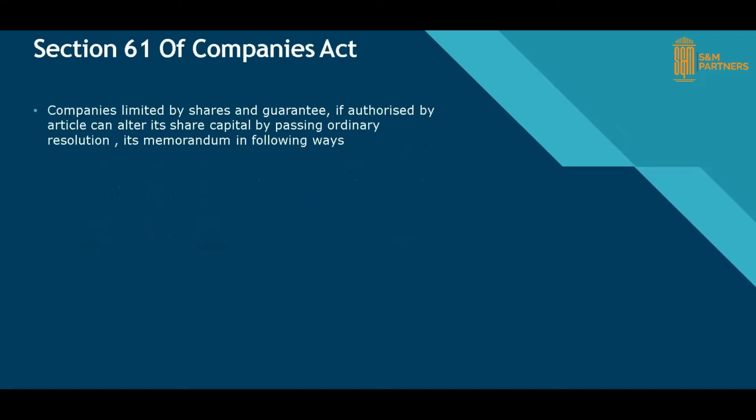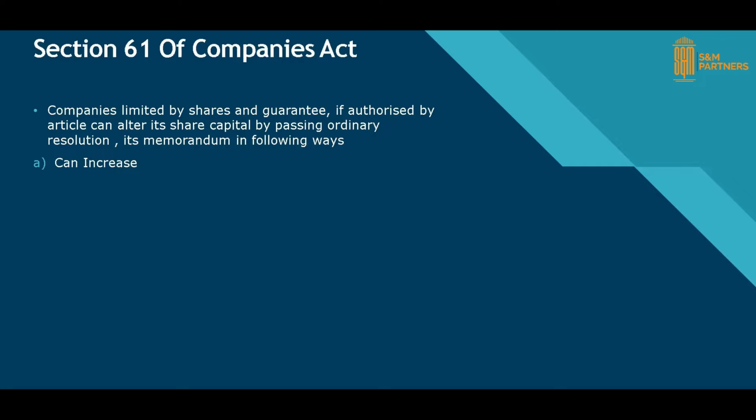Next, we would see Section 61 of the Companies Act. Section 61 says that if a company limited by shares or guarantee is authorized by its articles, it can alter its share capital by passing an ordinary resolution in its memorandum in the following ways. So if the articles of association permit, there can be a change or alteration in the capital clause by passing an ordinary resolution.